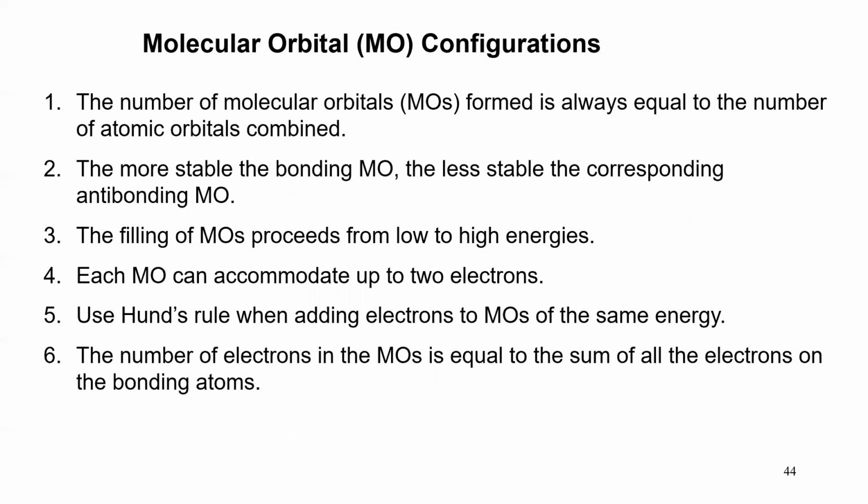And so when we talk about taking a 1s orbital from hydrogen and another 1s orbital from a different hydrogen, that's two atomic orbitals, and so we should end up with two molecular orbitals, right? And so I'm just going to put in here that we can't lose spots for electrons.